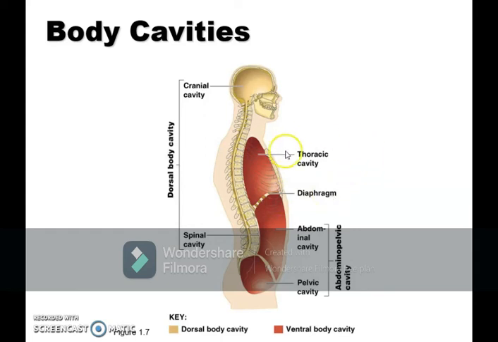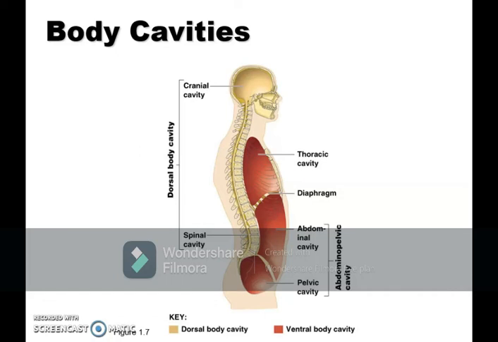The thoracic cavity, the upper ventral or chest cavity, contains the heart. In the thoracic part, we can see the heart, the lungs, the trachea, the esophagus, the large blood vessels, and nerves. The thoracic cavity is bound laterally by the ribs, covered by the pleura, and by the diaphragm caudally.